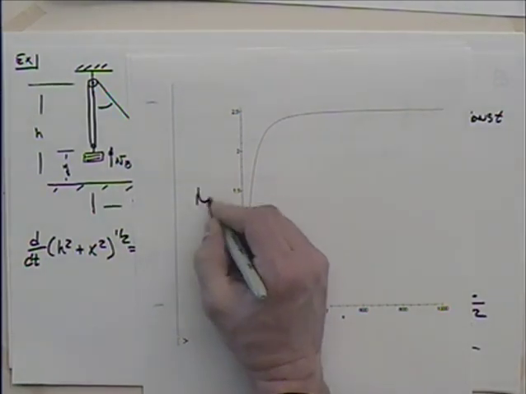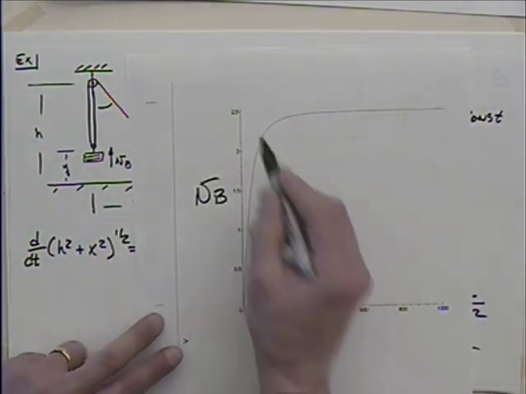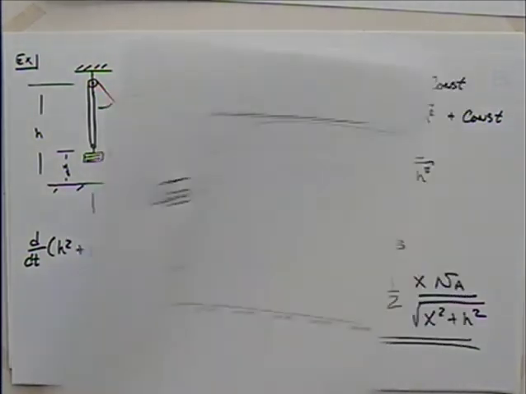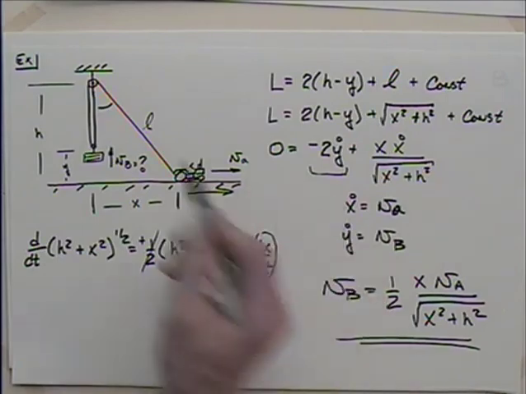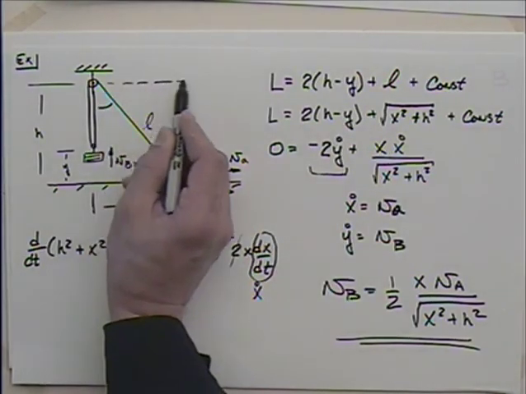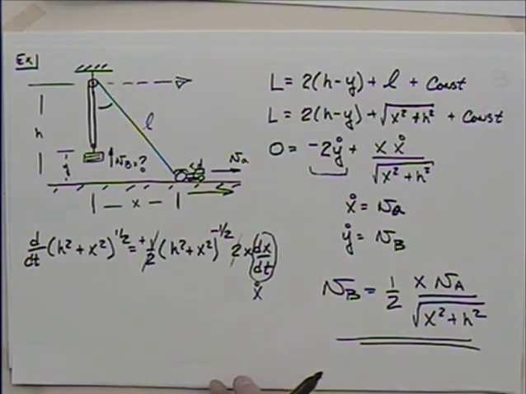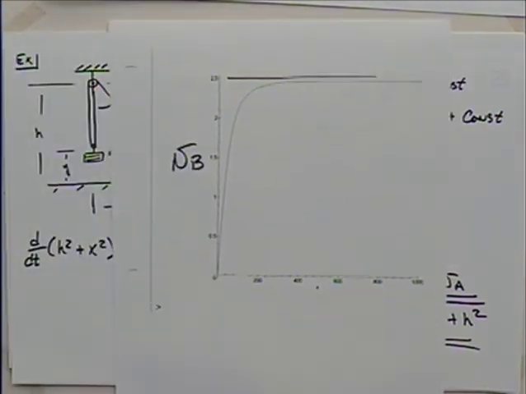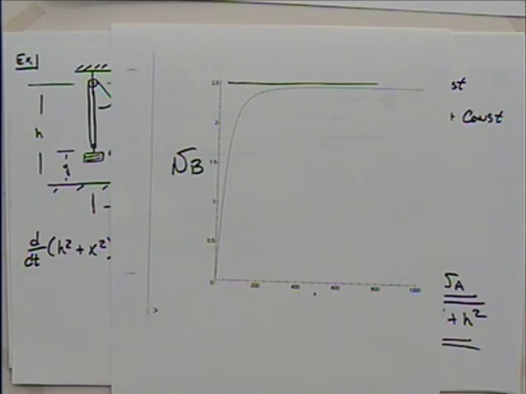So this is the velocity of the bale there, and you can see it definitely went to 2.5, which makes sense, right? As this farmer gets further and further away, it would be very much like you're pulling on it like that, which would be an easy problem. That would go back to the first problem we introduced this with, and you'd say, oh, well, that's easy. It's just half of that. So it should not surprise us that it goes asymptotically to 2.5, or half of that 5 that we assumed.